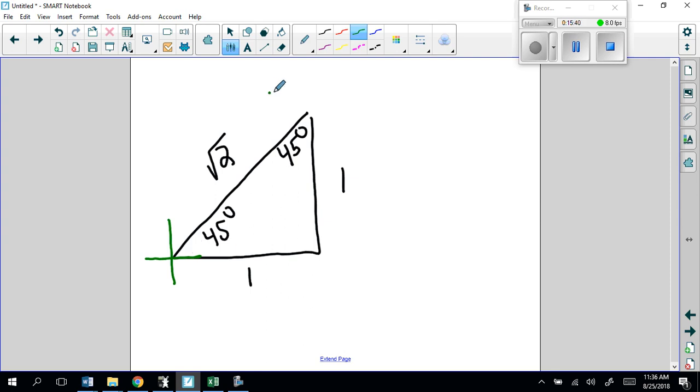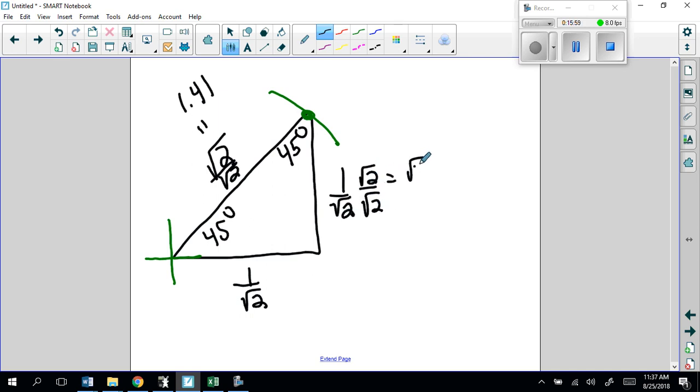Anyway, this is the triangle with hypotenuse the square root of 2, which you may or may not care, but that's about 1.41. I want to get this inside the unit circle, so I divide by the square root of 2, I divide by the square root of 2, I divide by the square root of 2, and we rationalize these two, and you get the square root of 2 over 2. Obviously, the square root of 2 over 2.